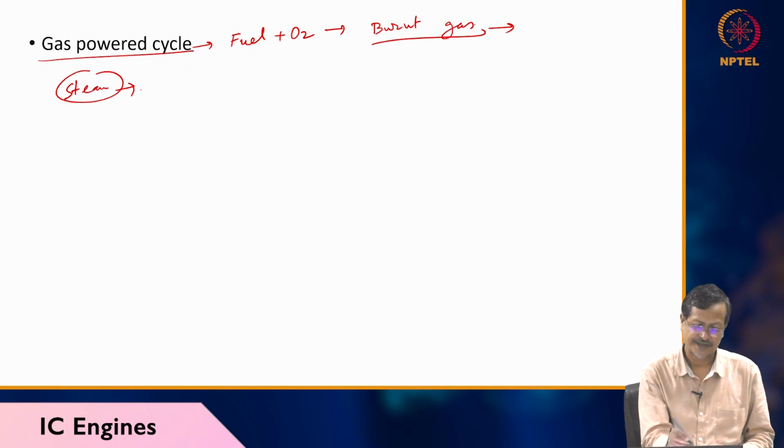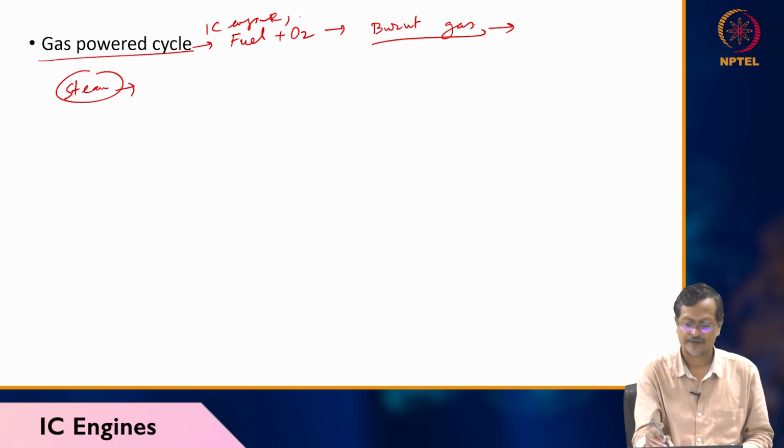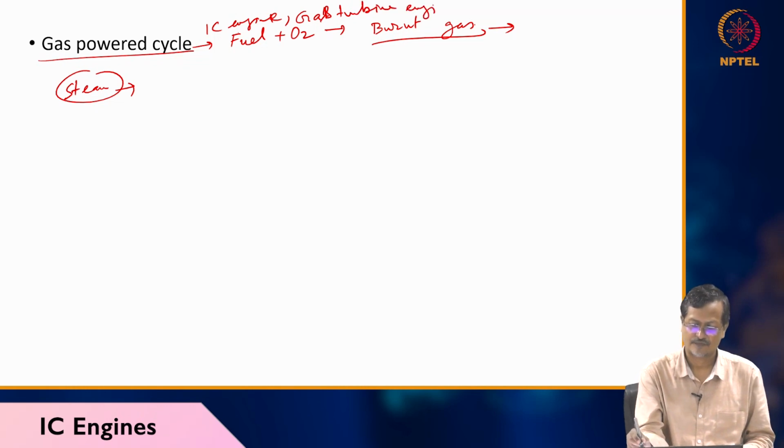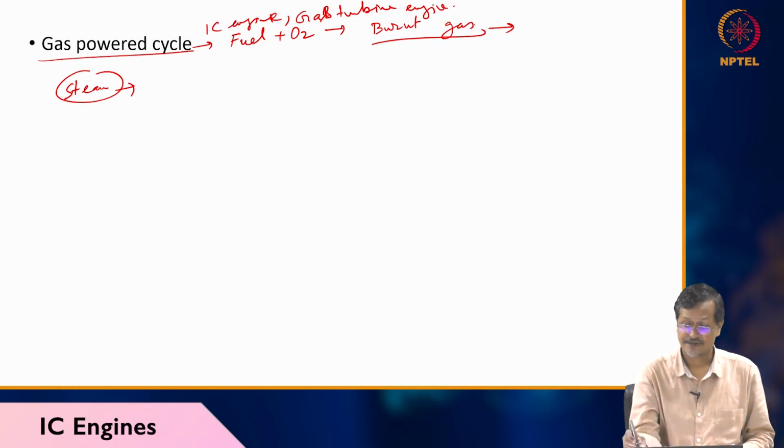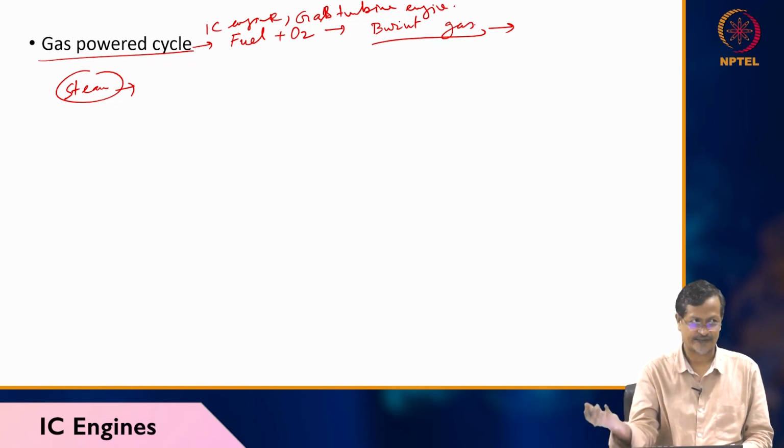But in gas powered cycle, there is the IC engine and the gas turbine engine. IC engine means internal combustion engine. The gas turbine engine is a little bit different. I will discuss it later. That is also a gas powered engine.